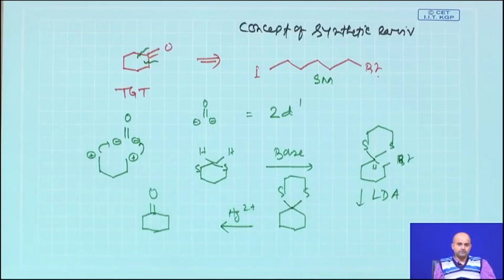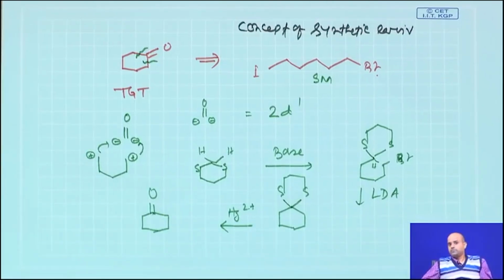So, in principle, synthesis using these synthetic equivalents is fantastic. The only point is you have to be quite sure which bond you are going to disconnect and what the synthetic equivalents are. Mainly the popular synthetic equivalents we will try to disclose in this lecture, and in the final part we may discuss some of the very unpopular ones.